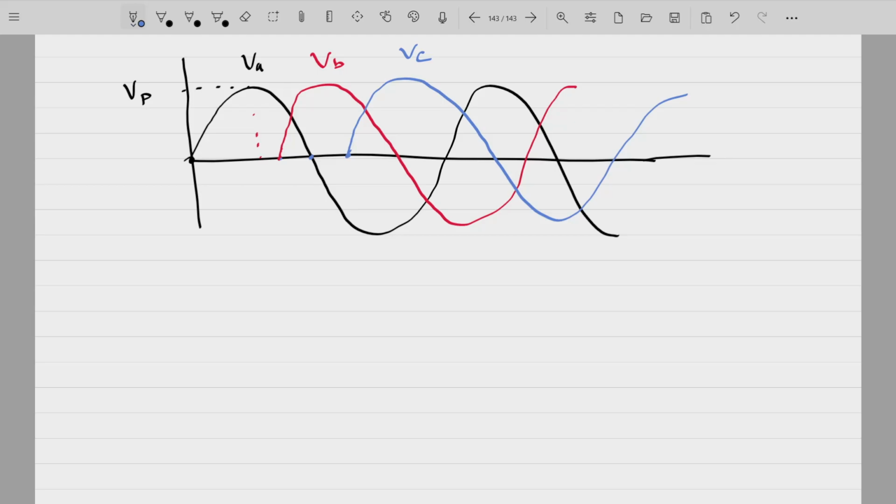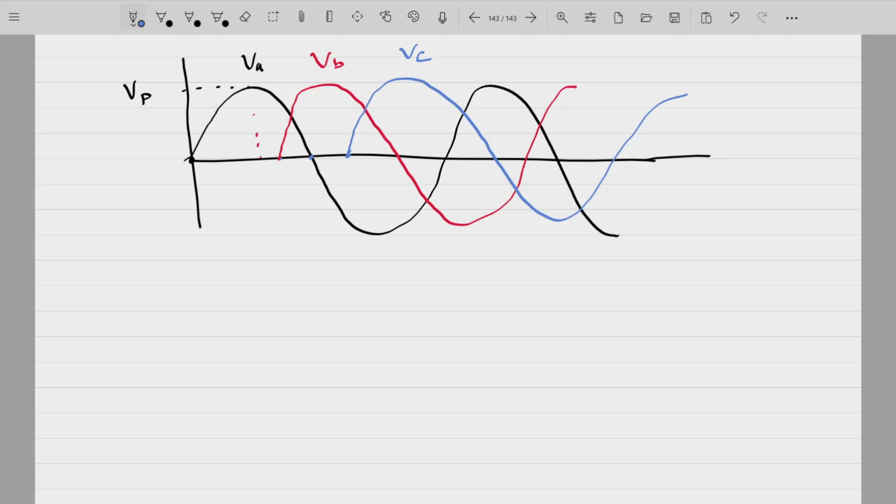If you were to plot the three voltages VA, VB, and VC, you can show them in this fashion. VA is starting from an angle of 0 degrees, VB is lagging behind VA by 120 and VC is lagging behind VA by 240 degrees. As I told you, whether you take plus 120 or minus 120, it will not actually affect our calculations.